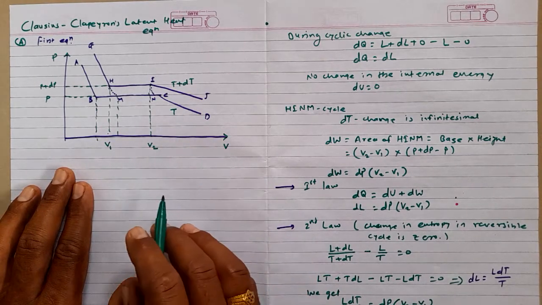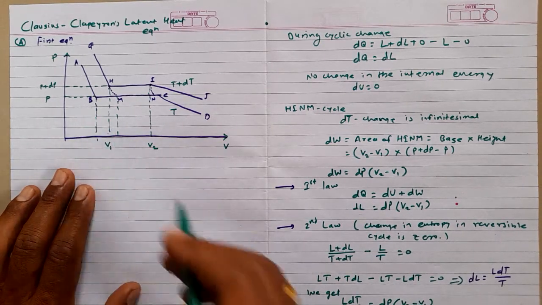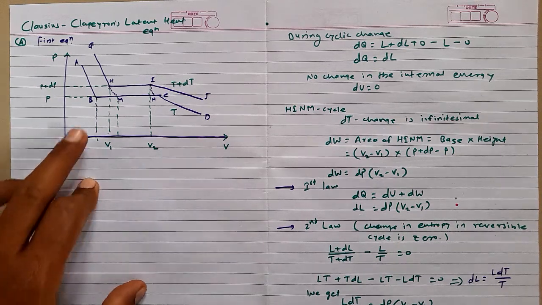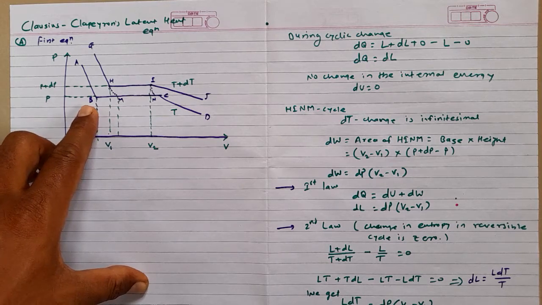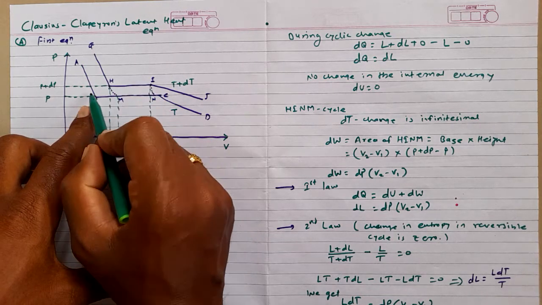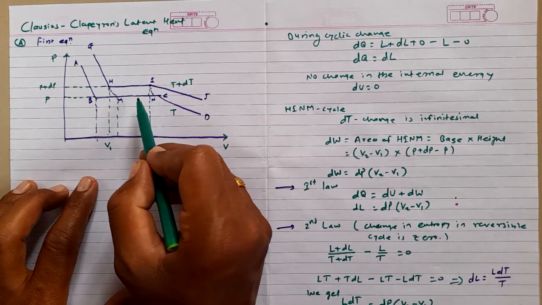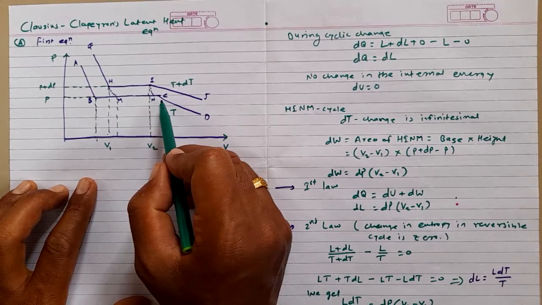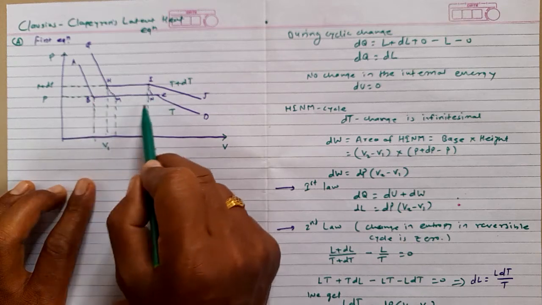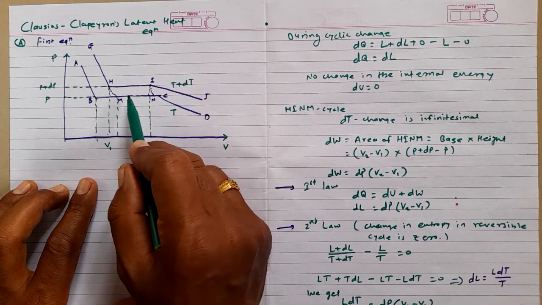When heat is absorbed by the substance in the liquid phase, it expands isothermally along AB, and at point B it starts converting into vapor. Its pressure P and temperature T remain constant during the curve BC. You can see the straight line parallel to the volume axis, where both remain constant.